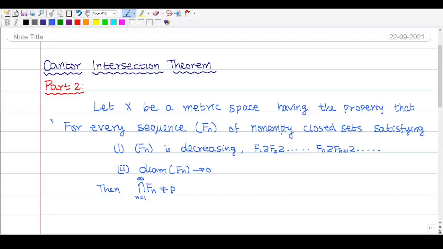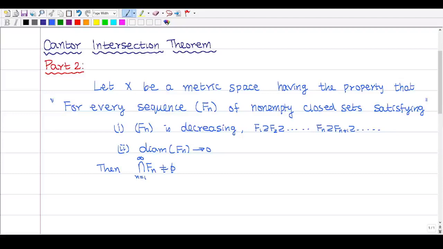So this is the property. எப்போம்லாம் a sequence of non-empty decreasing closed sets whose diameter tends to 0 will imply that intersection of fn is non-empty.